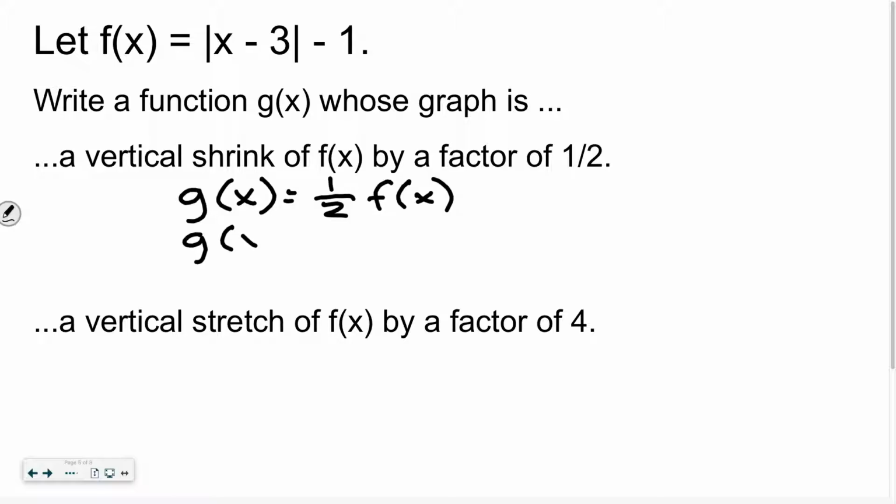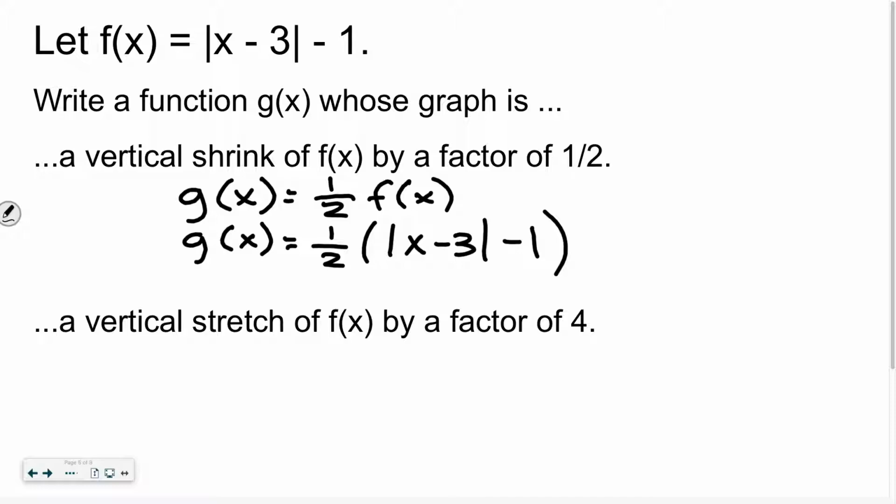So make a substitution. I'm going to show my work again on this one. I want to multiply it by all of f of x, so just like when I did that reflection in the x-axis, I've got to protect it by a set of parentheses. It's the absolute value of x minus 3 minus 1. And clean it up by distributing 1/2. If it's absolute value, don't distribute into the absolute value.